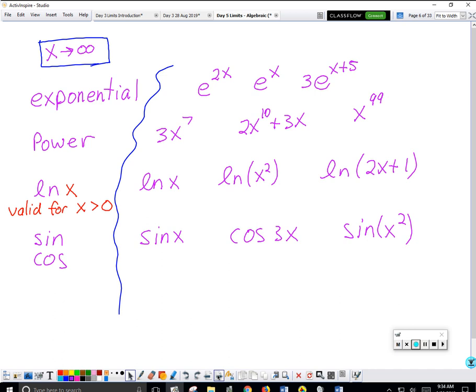I added sine and cosine because there was a question one year where they expected you to remember that as x gets bigger and bigger, the sine function doesn't grow at all. It just moves around between 1 and -1. So add this to your list of things you must have memorized: exponentials grow fastest, then power, then natural logs.